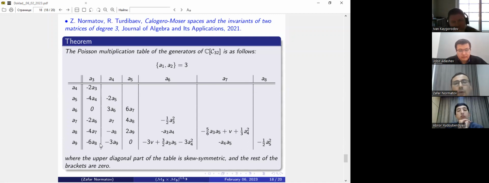We also have V and W, but the Poisson brackets with these generators are 0.